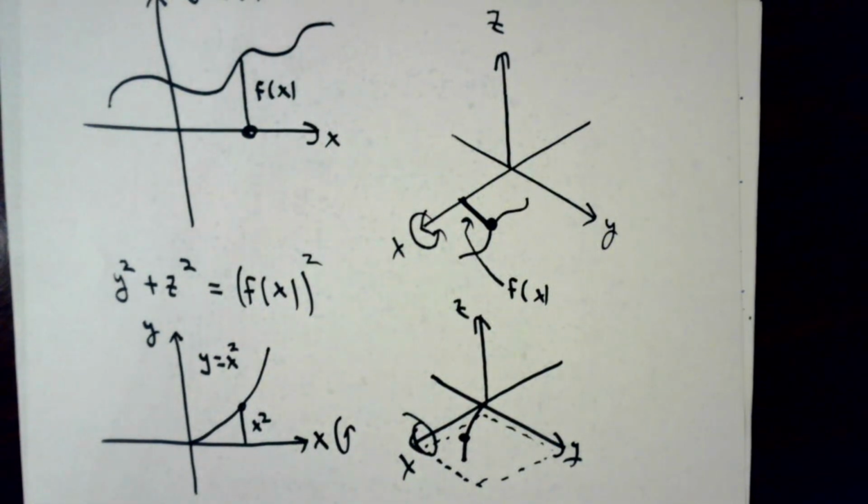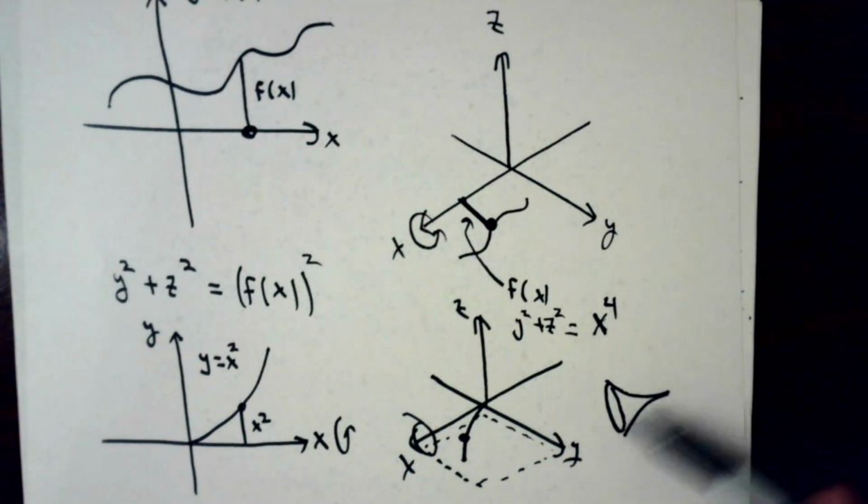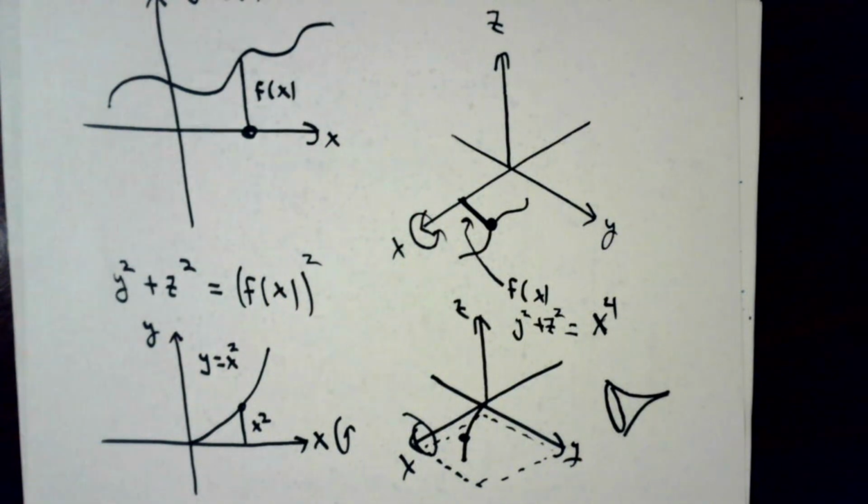On one side of this equation is going to be y squared plus z squared, and over on the other side, I have to write down the square of the radius of the circle, making sure to express it so that there's no y or z in it. The resulting equation, y squared plus z squared equal x to the fourth, represents a sort of horn-shaped surface.